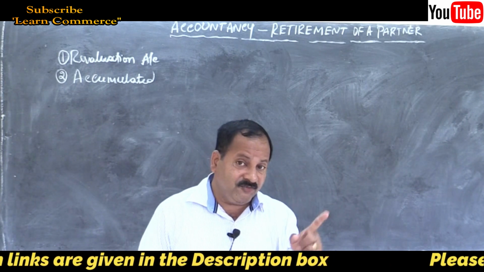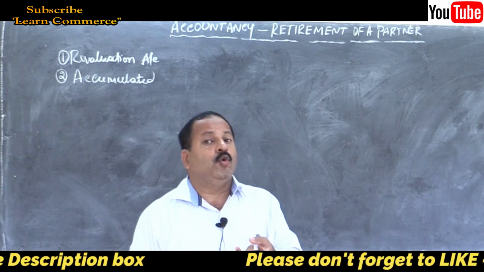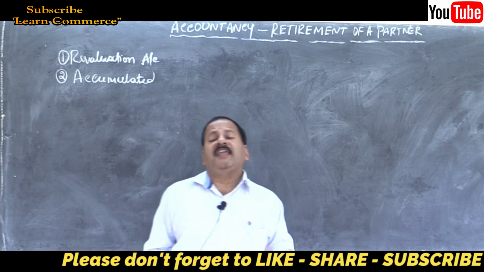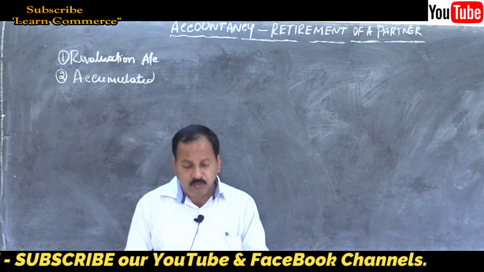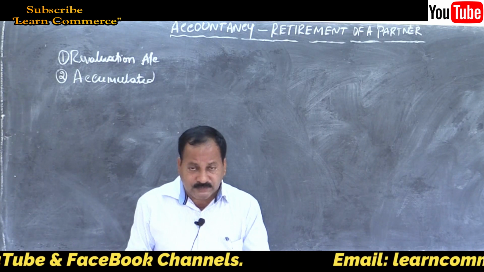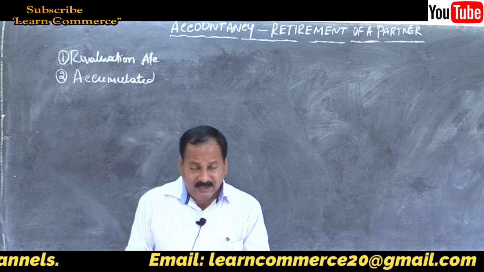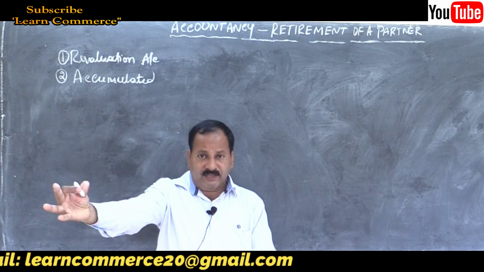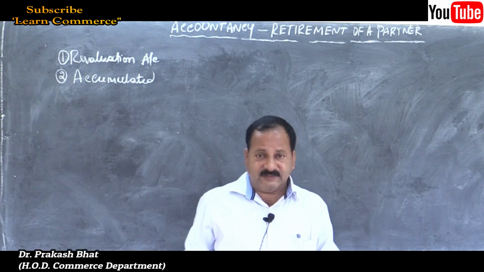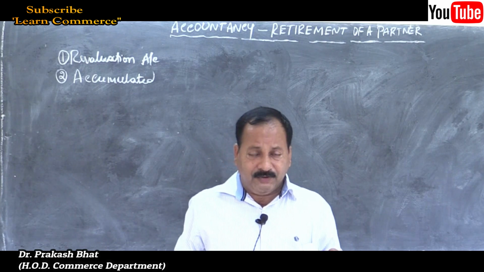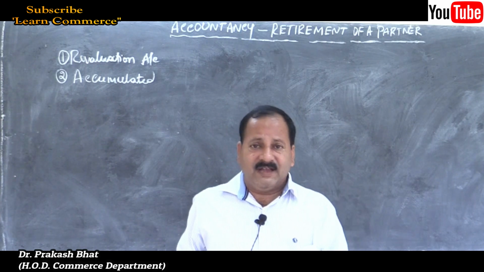Remember, under admission we used to transfer only to the capital accounts of old partners, because the new partner enters today. So after today, anything that happens, he will get a share. But whatever happened earlier before his admission, he has no right to get a profit or bear the loss.